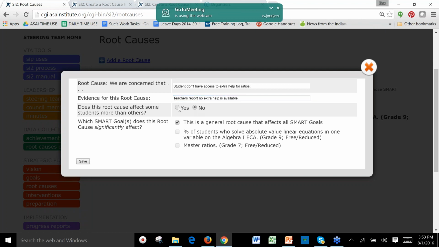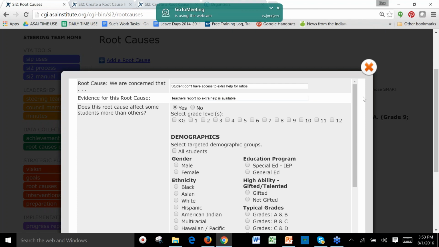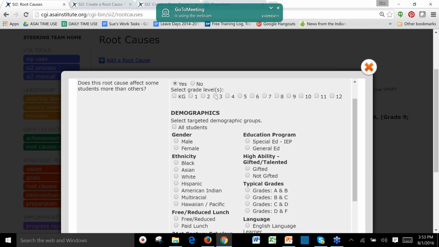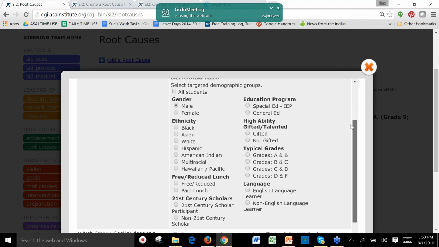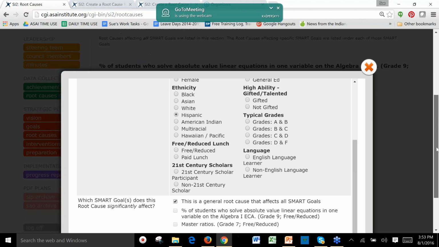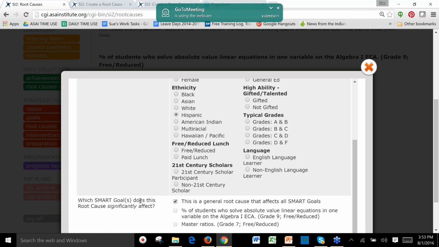But if the answer were yes, then all the student demographics pop up, and you can say, yes, this impacts third grade, male, let's say Hispanics. And then the last question is, which SMART goal does this significantly affect?